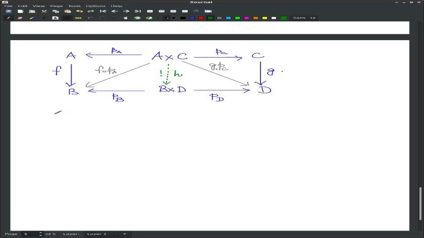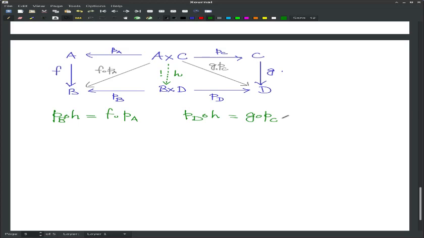And the equations: PB composed H must be equal to F composed PA, and PD composed H must be equal to G composed PC.